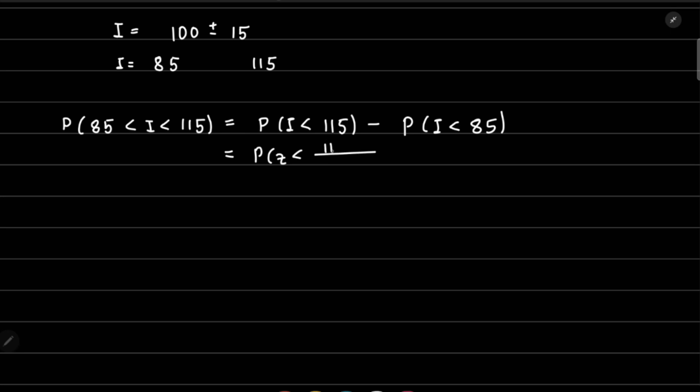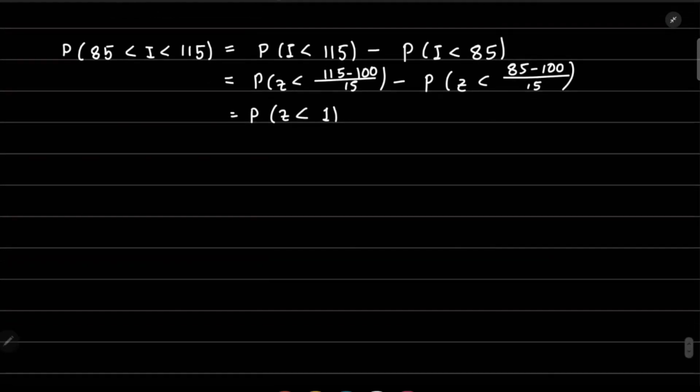This is the probability of Z less than (115 − 100)/15 minus the probability of Z less than (85 − 100)/15. I get a Z value of 1. So I get probability Z less than 1 minus probability of Z less than −1.